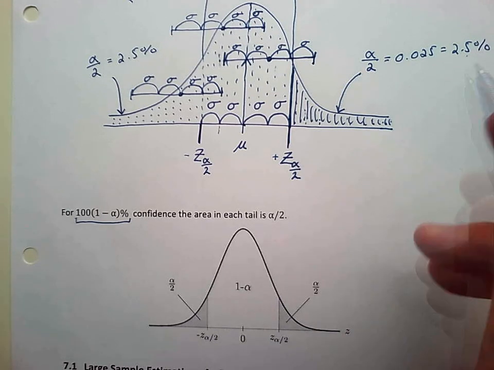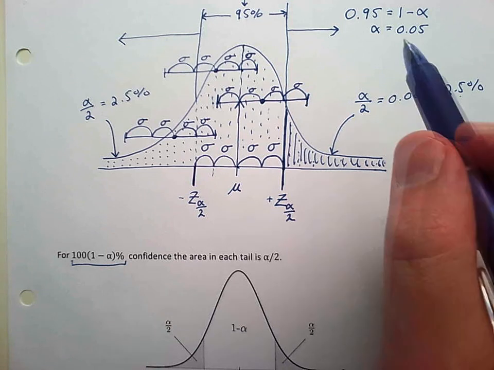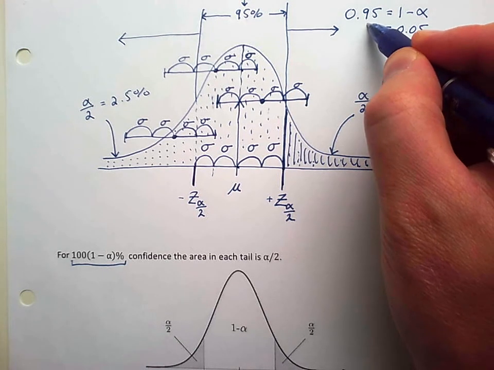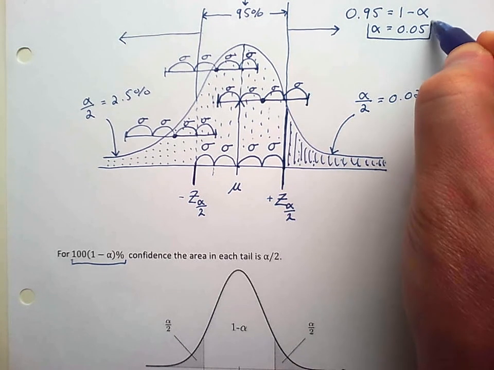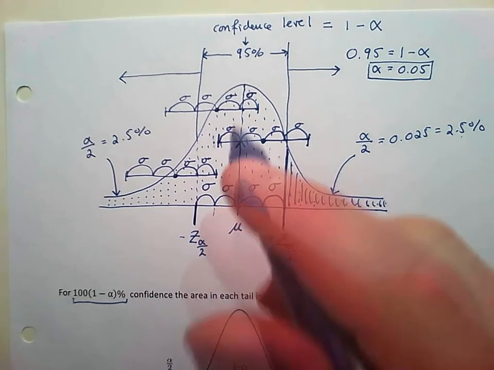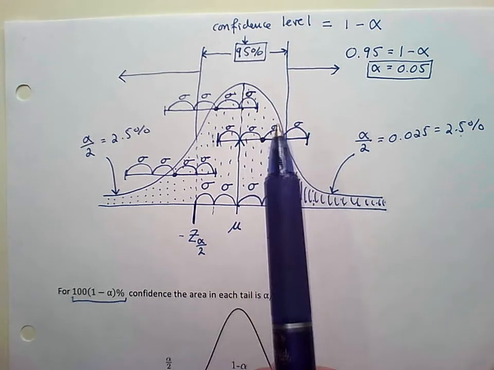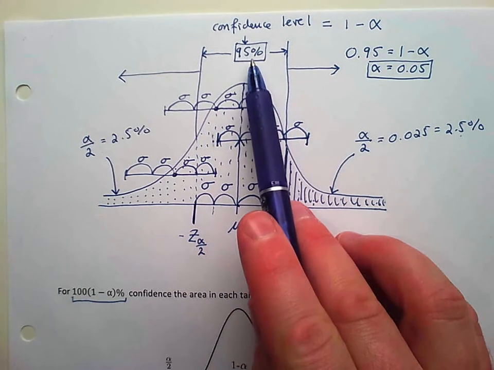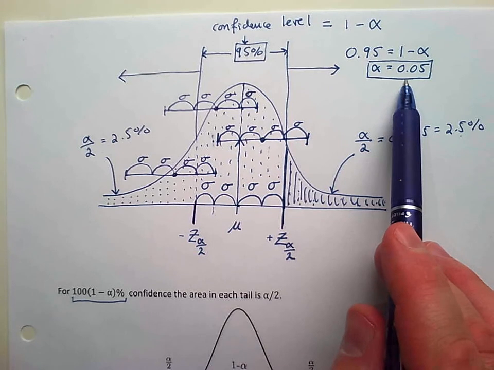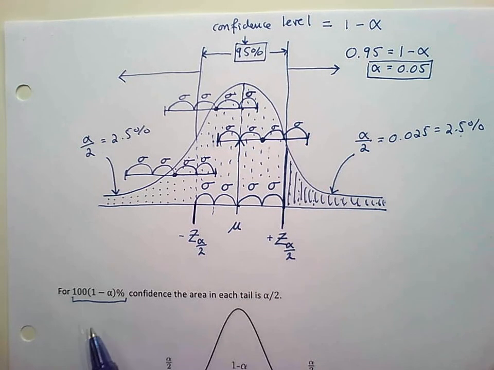A lot of times problems are going to tell you what alpha is. Some problems are going to tell you what your confidence level is. Either way, regardless of which one they give you, you can get one from the other.